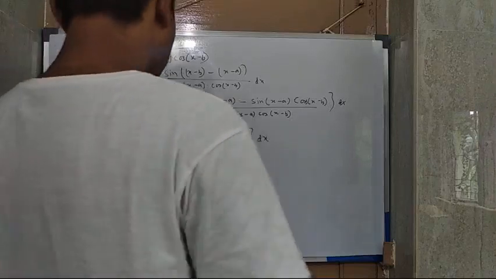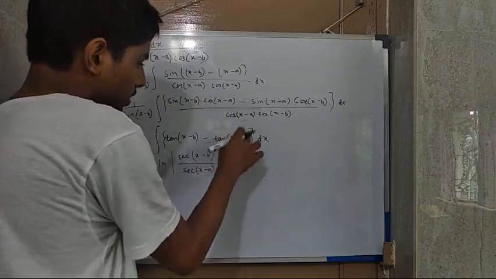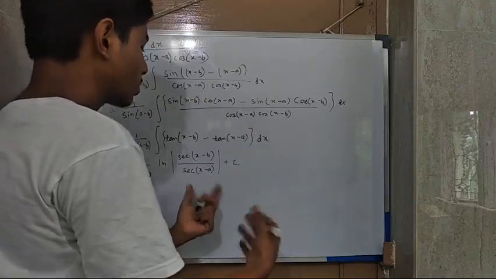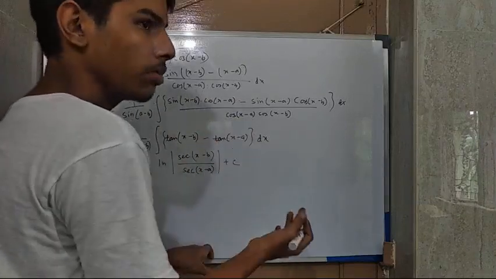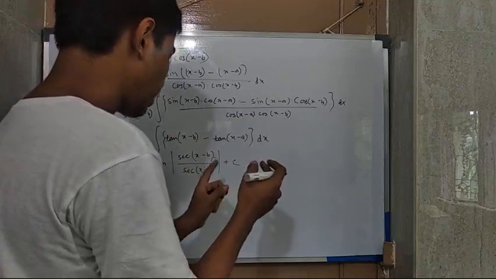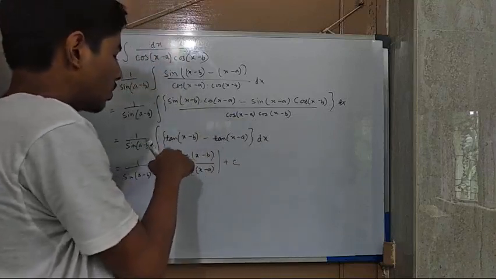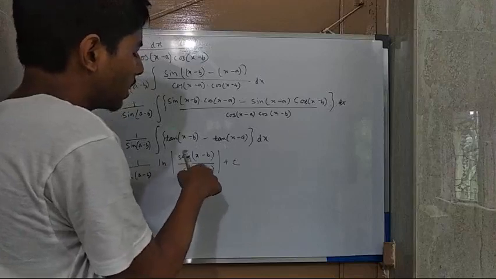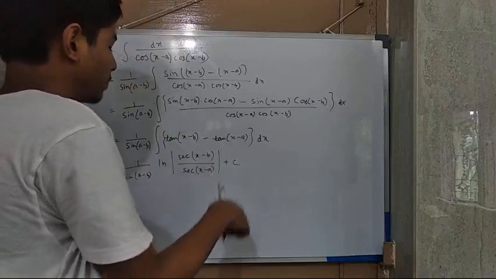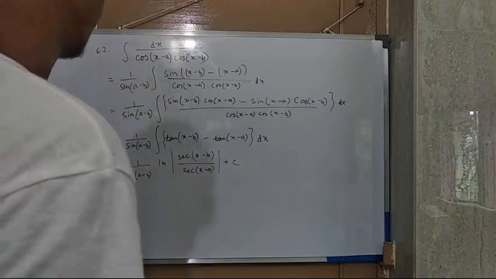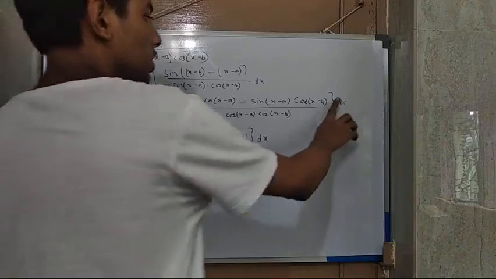According to the properties of log, ln a minus ln b is ln of a by b. So this is ln of sec(x minus b) by sec(x minus a) plus c. This is our final answer for the 62nd question.